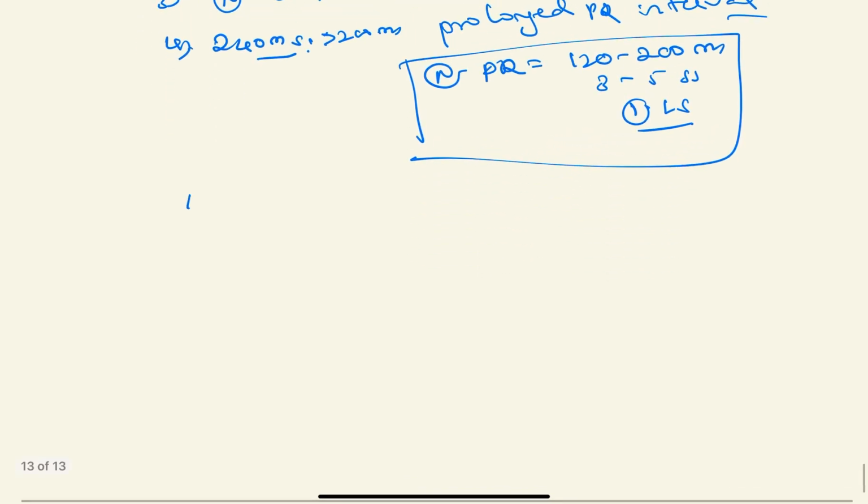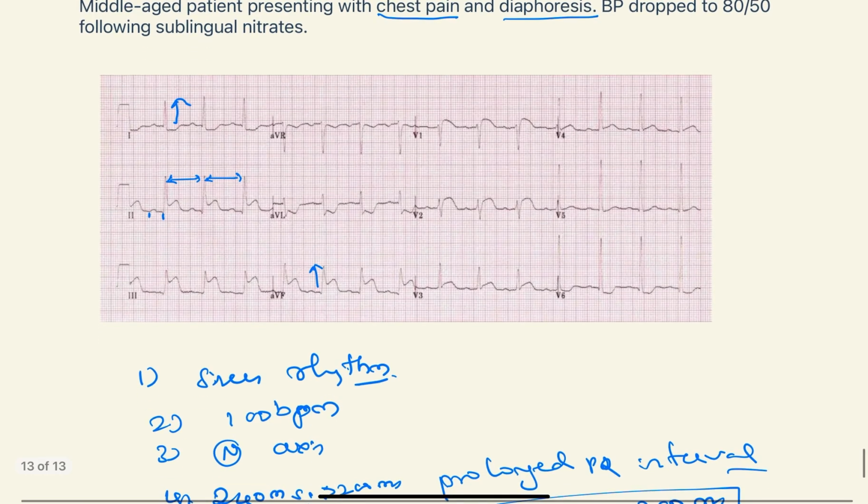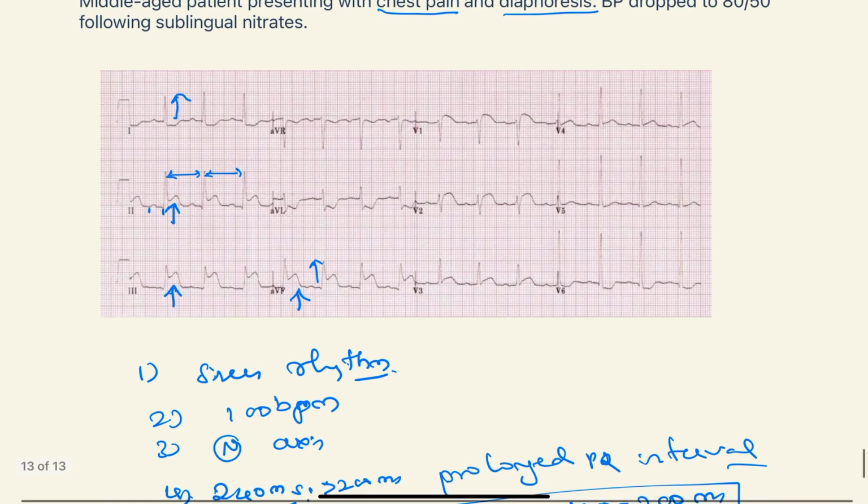Next is segments. See, look at the ST segment, which is elevated in lead 2, 3, AVF, suggestive of inferior wall MI, and there is reciprocal ST depression in lead AVL as well, and there is ST segment elevation in V1, V2, V3 as well.